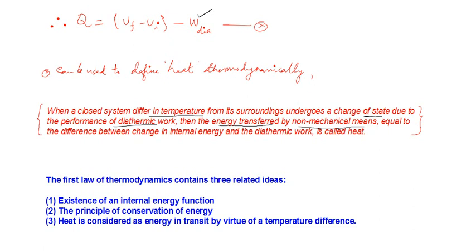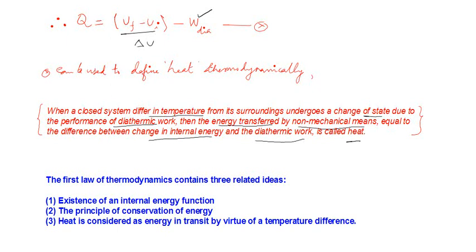It is the difference between the change in internal energy, delta U, and W dia. The difference between these two under this given condition is what is called heat. So I can say this is a mathematical, or thermodynamical, definition of heat.